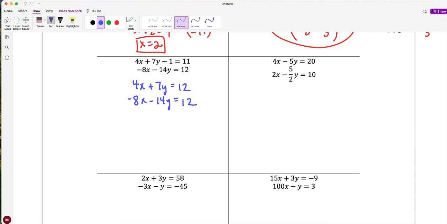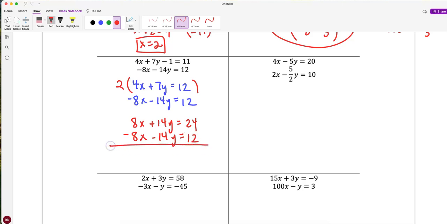To get this one to cancel, I could just multiply the top equation by 2. So I get 8x plus 14y equals 24. Bottom equation: minus 8x minus 14y equals 12. When I add these together, the x's and the y's cancel. So 0 equals 36. That means there is no solution here.